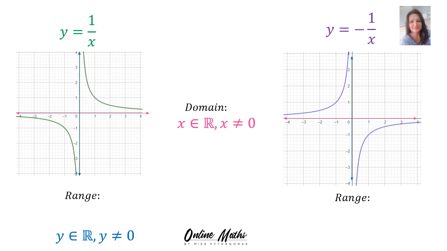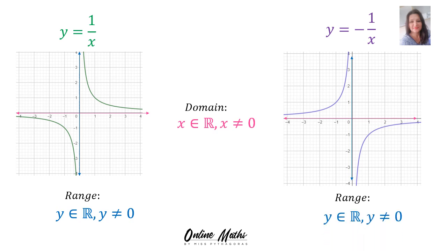Therefore, for both of them, the range is y is an element of the real numbers, and your restriction is y cannot be equal to 0, since that's where you find your asymptote. On the other graph, it's exactly the same: y is an element of the real numbers, y cannot be equal to 0.